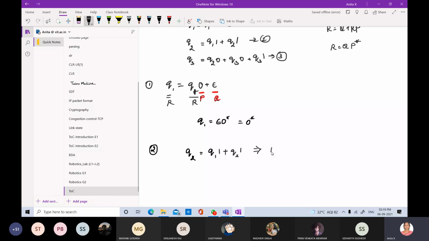So this can be rewritten as 0 star 1 plus Q2 1. So Q2 is equal to 0 star 1 plus Q2 1. So I'm going to try mapping with this equation. Yes, this is R, this is Q and this is P, isn't it?